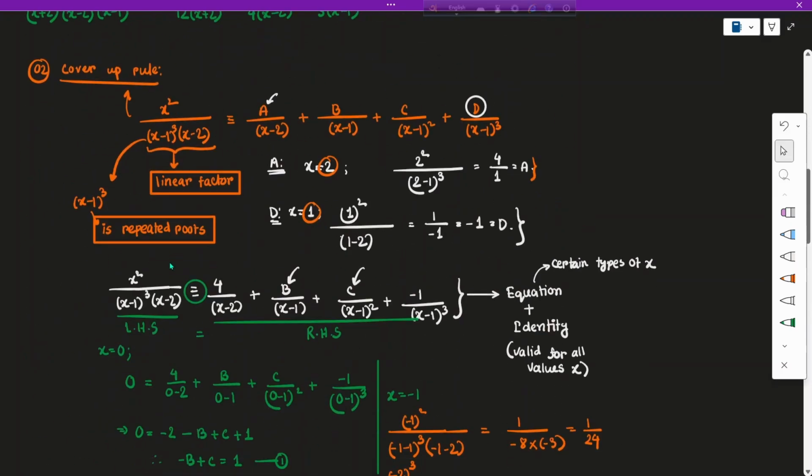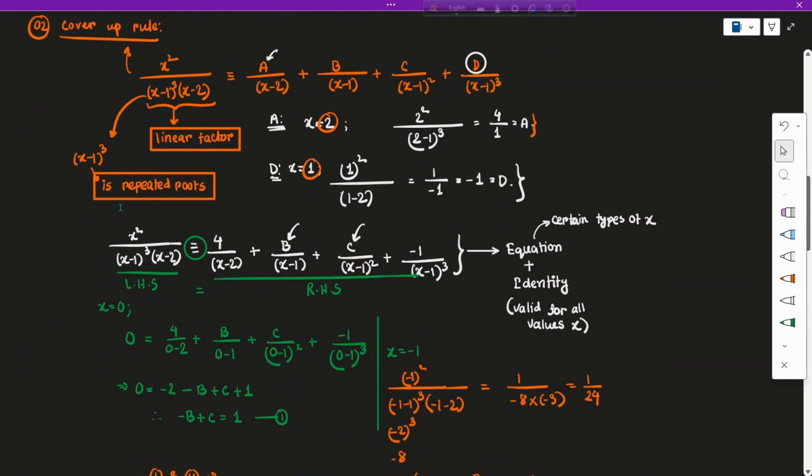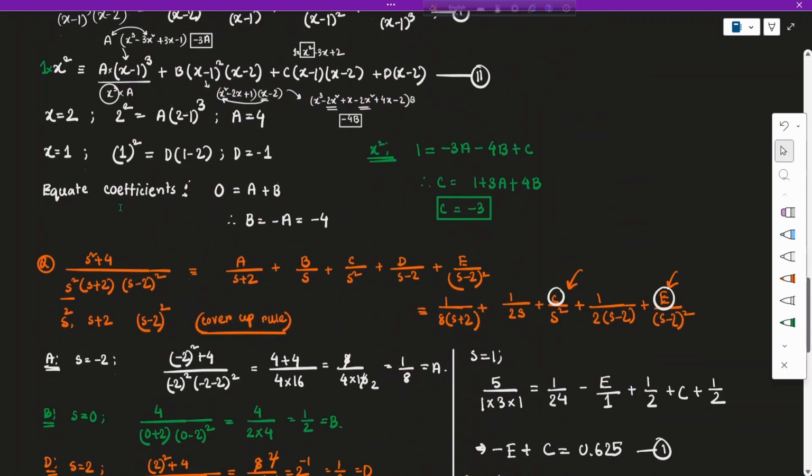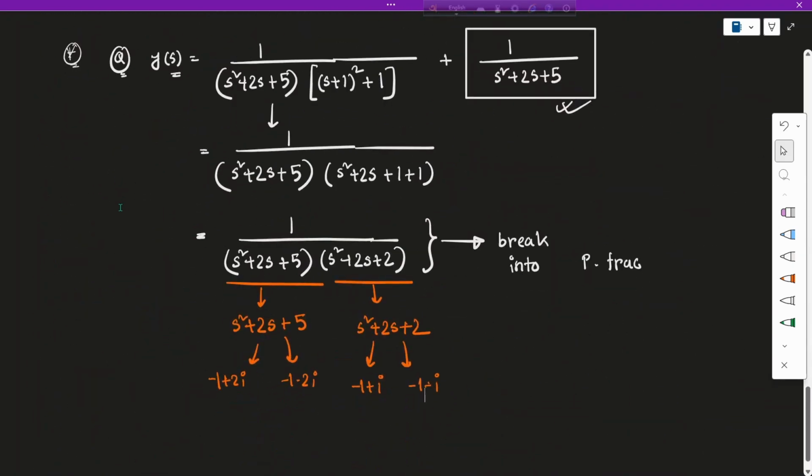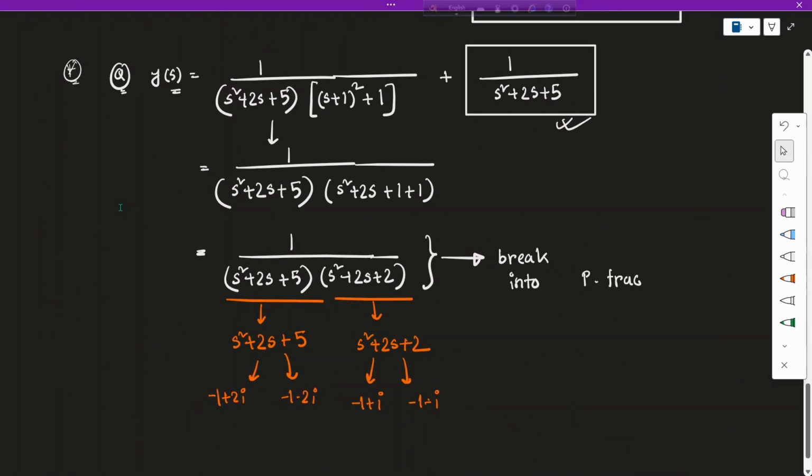In the second part, we had repeated roots, but still they were linear factors. But here, the denominator is such that there are imaginary roots coming out of our denominator factors. And if there are imaginary roots, then we're going to use another rule.